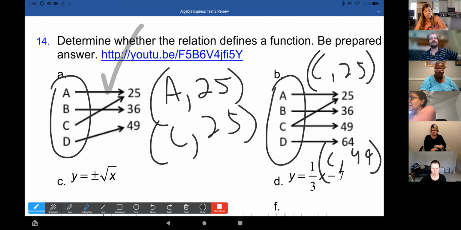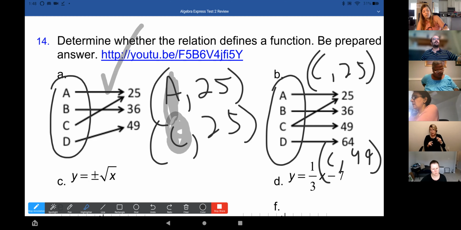When we see A has 25, each input has one output. It doesn't matter if the outputs receive two or more. With ordered pairs like A25 and C25, you're looking for the first thing to repeat. Here's an A, here's a C; those didn't repeat, so that's okay.